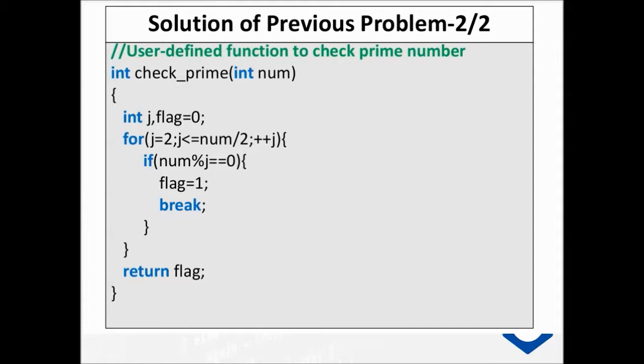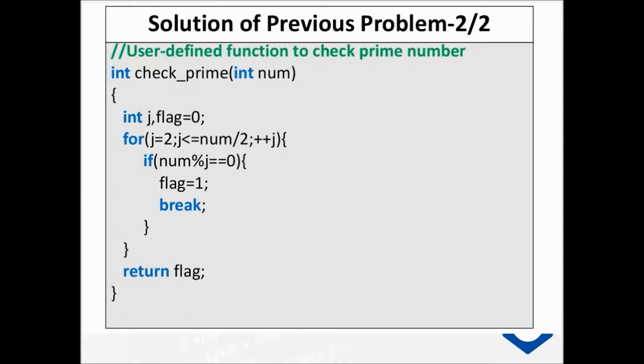If num modulus j is equal to 0, then flag is equal to 1, and then we use break, and otherwise the for loop continues. At the end, the result in the flag returns to the main program.